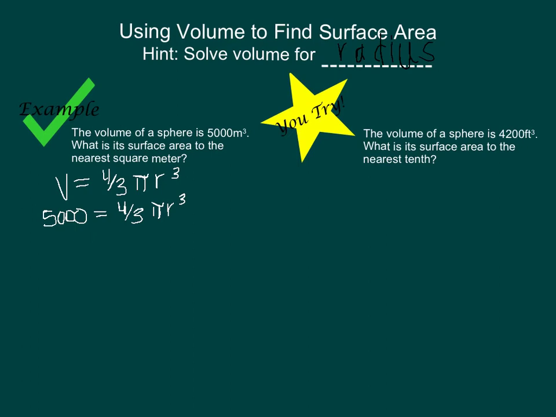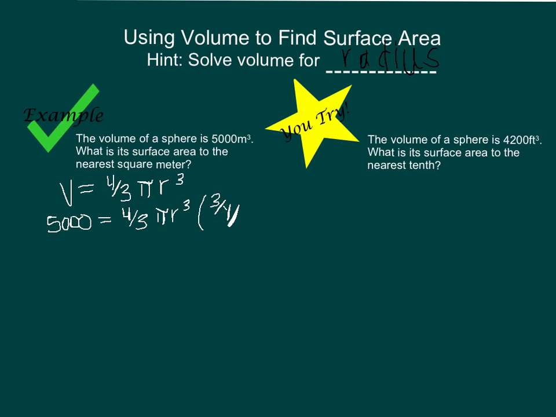So first I need to get rid of this 4/3 here, and when you have a fraction, you can't just divide by a fraction. What you're really doing is multiplying by the reciprocal. So on both sides I'm going to multiply by 3/4.